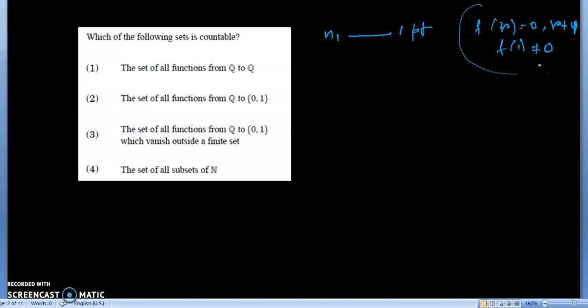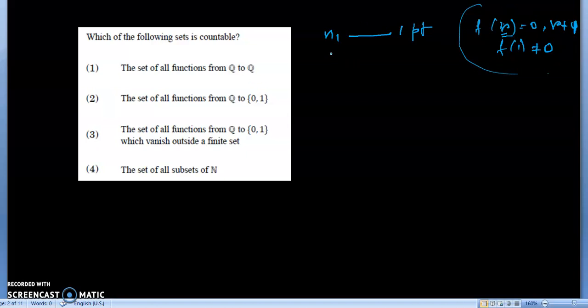There is another function where f(2) is not 0 and the remaining parts are 0. So N1 is the set of all functions which are non-zero at only one point and 0 at the remaining points. As the domain is the rational numbers, easily you can say this set of functions is countable.